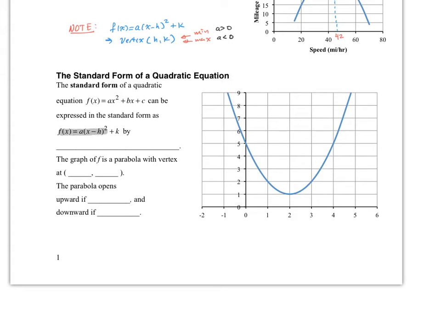If you have standard form, it will be this, then the vertex will be the coordinates (h, k), and this will open upward, or have a minimum, if a is positive, and downward if a is negative.